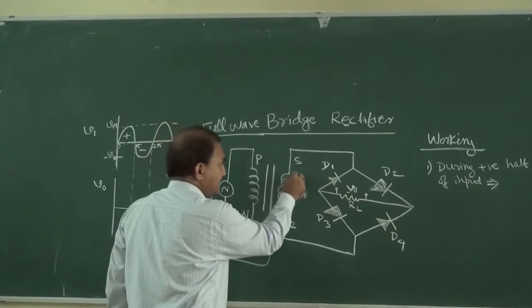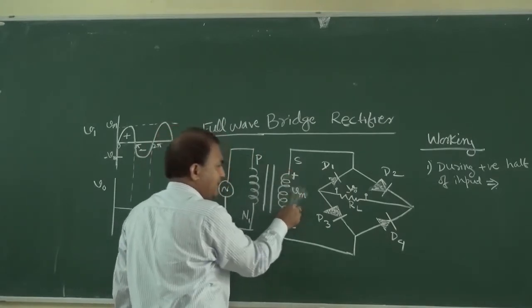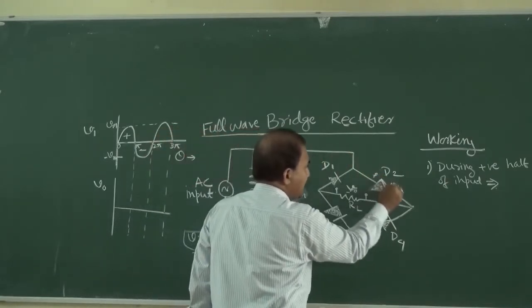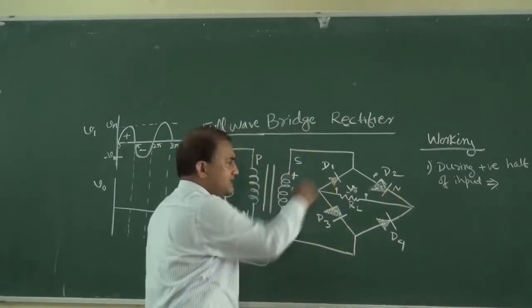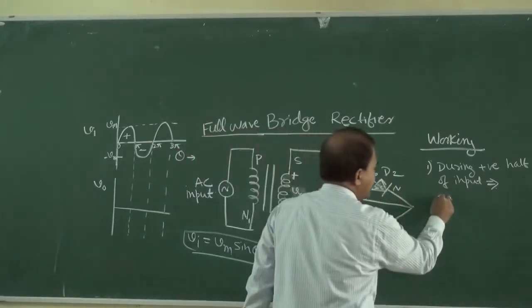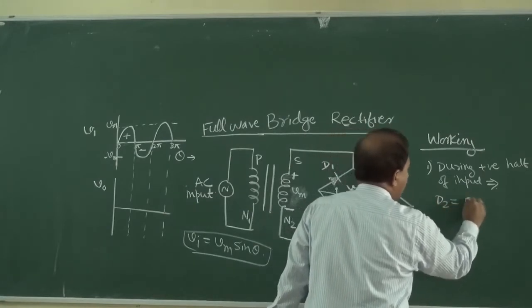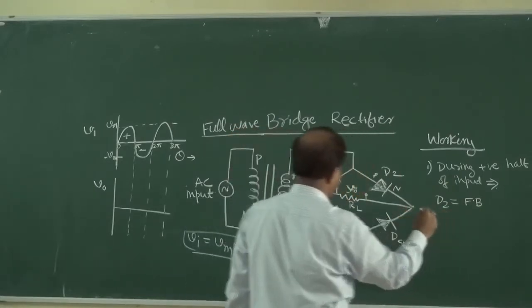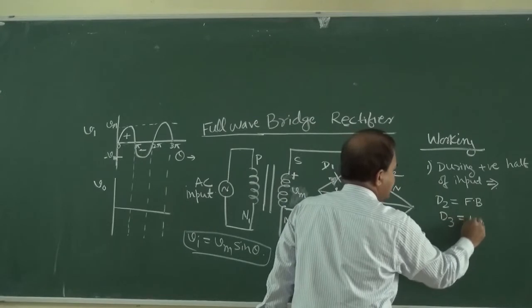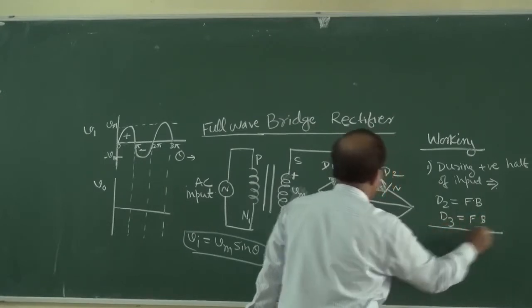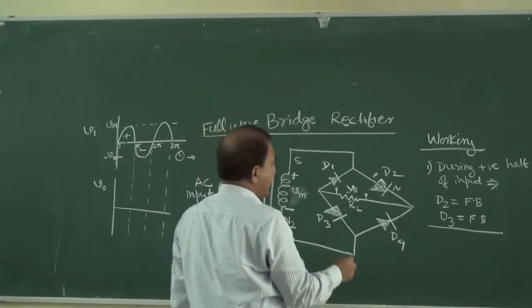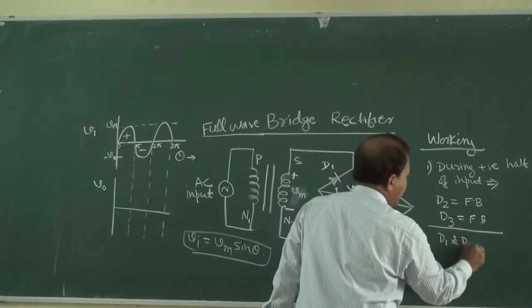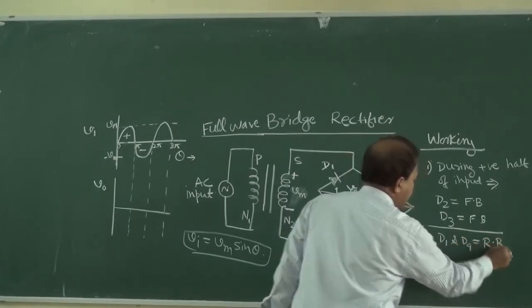This positive terminal is connected to the P side and this is the N side. So D2 is in forward bias condition. Similarly D3 is in forward bias condition, whereas D1 and D4 are in reverse bias condition.